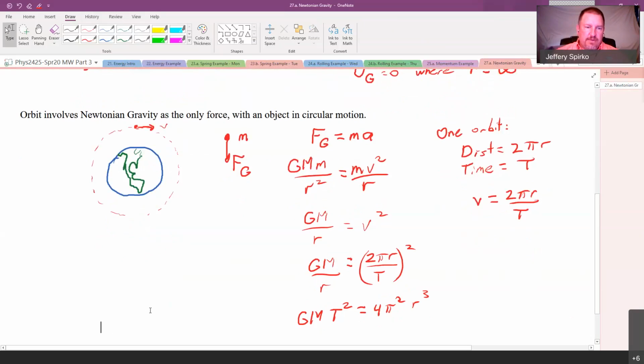And this, by the way, is called Kepler's third law. It says for objects orbiting the same planet, the period squared of their orbit is proportional to the radius cubed of the orbit.